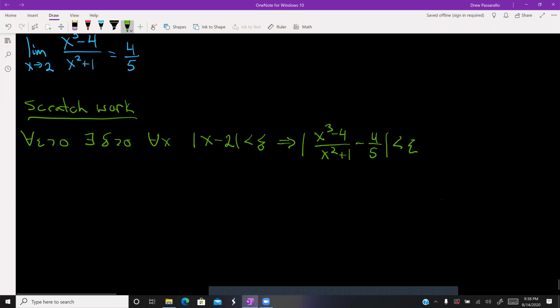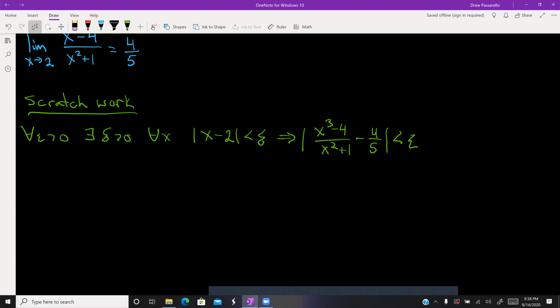All right, so that's what we need to show. And then I'll work with the x cubed minus 4 over x squared plus 1 minus 4/5.